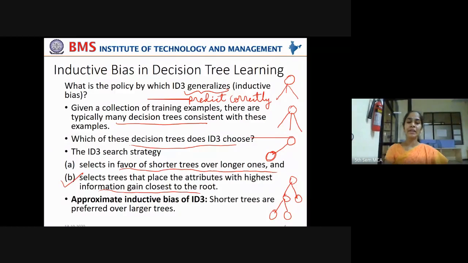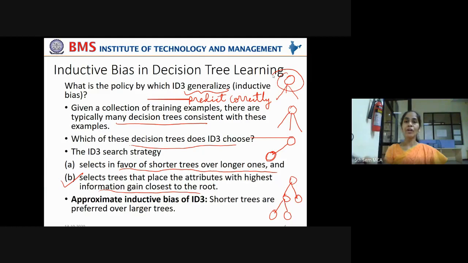That second criterion is that it selects trees that place the attributes with the highest information gain closest to the root. The root node is selected by the attribute having the highest information gain. Correct? That will provide the best classification, so that the tree constructed further will be simpler. It will not get complex.